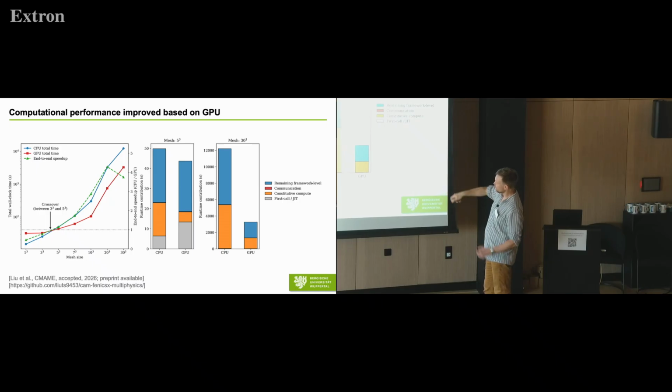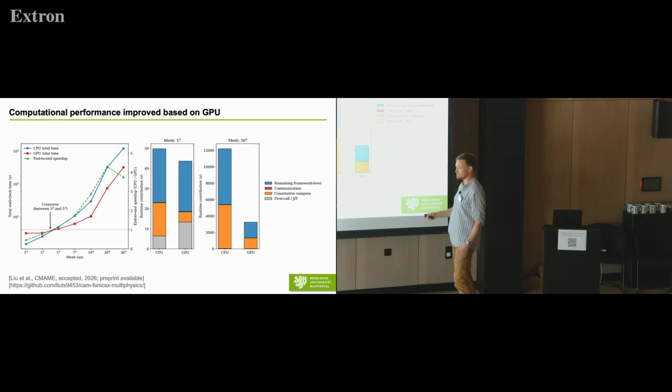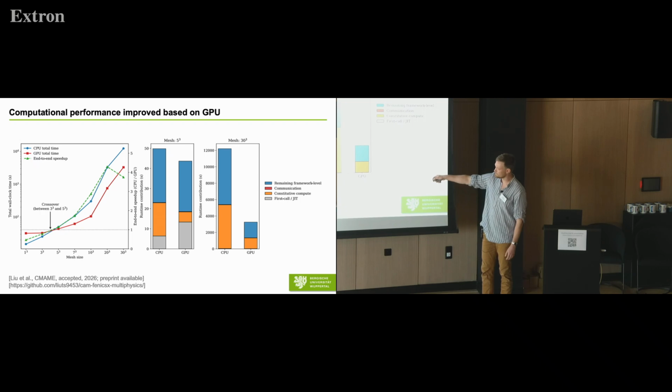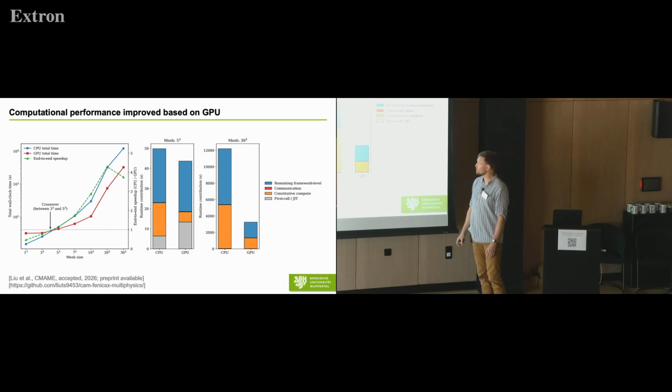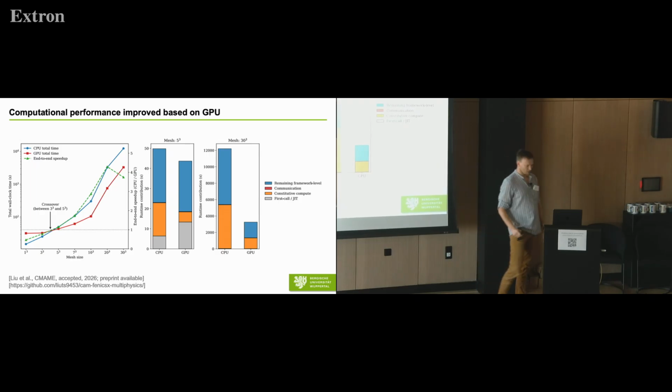For small meshes, you get an overhead if you JIT compile it, if you're using CUDA. But for larger meshes, which you typically have for any relevant structural examples that you want to compute, it really starts to pay off. Then this first call, the JIT time, completely evaporates. It doesn't play a role anymore, and you get a speed up in the cases that we computed so far of around 4 to 5. So let me wrap up my talk.